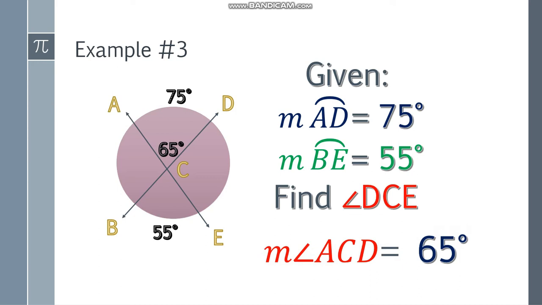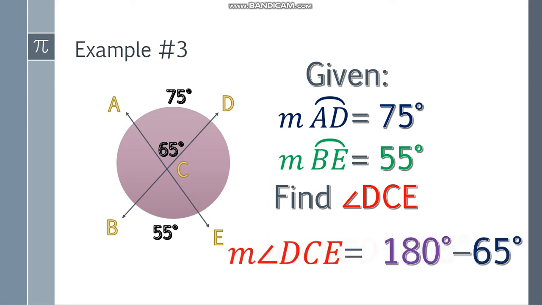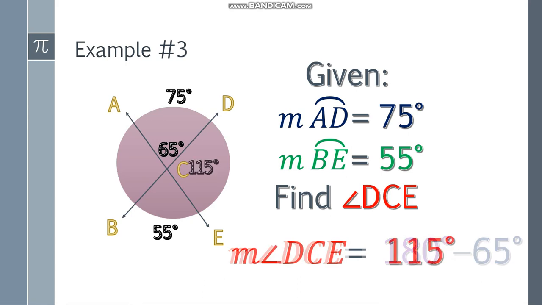Now, because we already know the measure of angle ACD, how are we going to find the measure of DCE? Remember, a straight angle like this one is 180 degrees. So to find this one, that will be 180 minus 65. And the final answer will be 115 degrees.